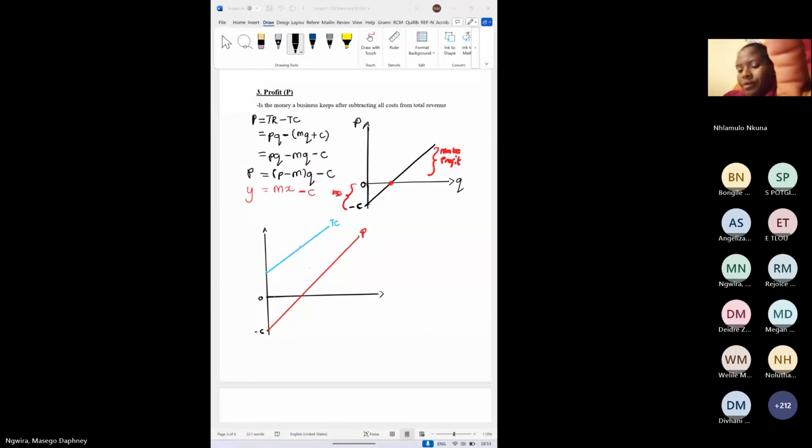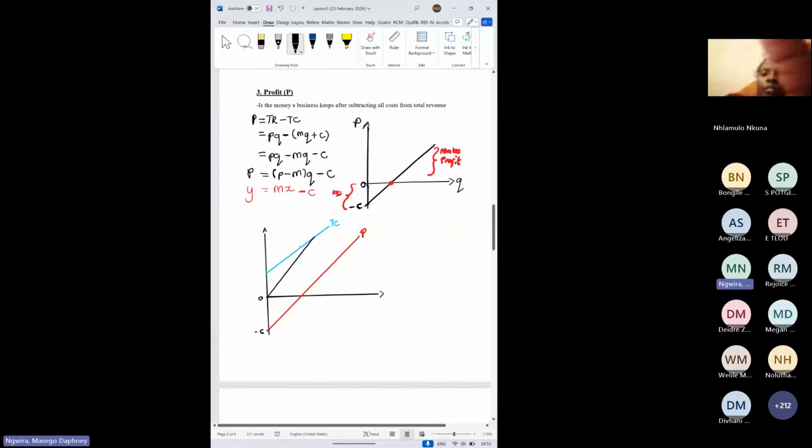So this one is going to be my total revenue because it doesn't have C. So with these three graphs, this point, we call it the break-even point for profit. So this is a break-even point.